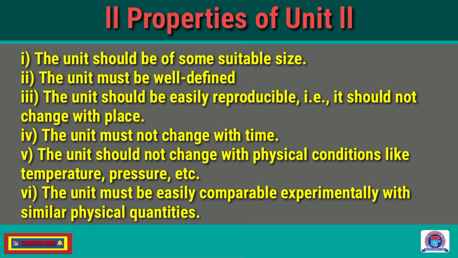Number five, the unit should not change with physical conditions like temperature, pressure, etc. Number six, the unit must be easily comparable experimentally with similar physical quantities. I have given these notes so you can easily write them down in your copy.